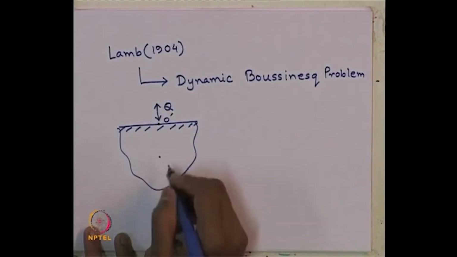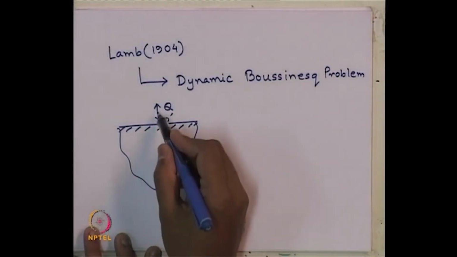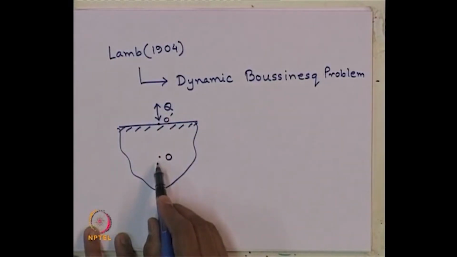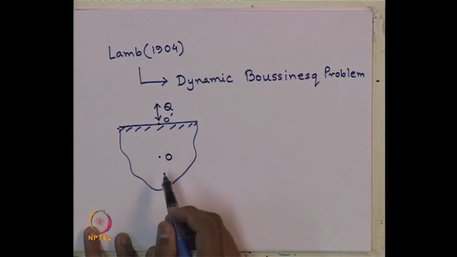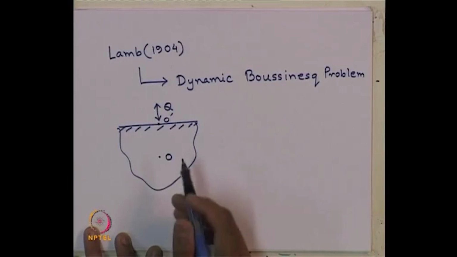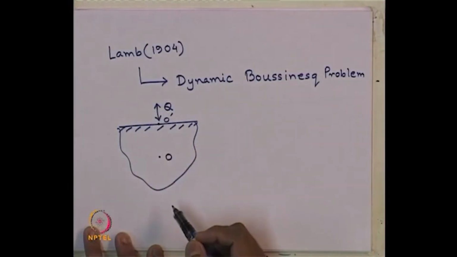It has been shown how the load or its effect can be transferred to any point within the soil mass, and what the different stresses are that get developed because of that dynamic loading.